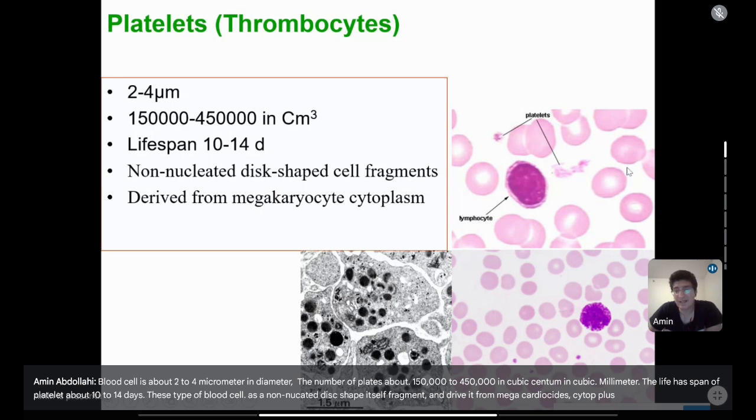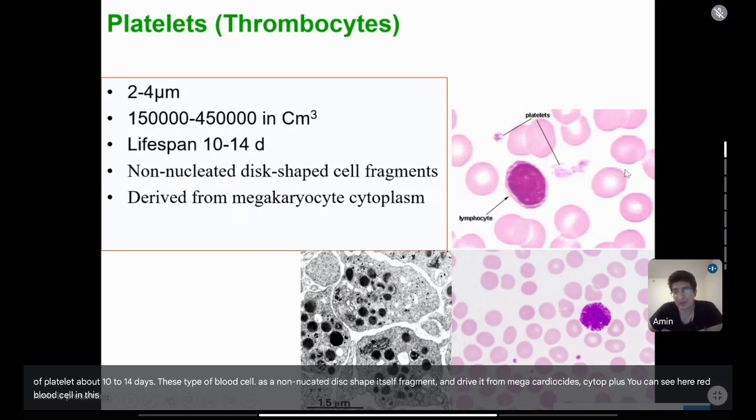You can see here red blood cell in this blood smear. Here, lymphocyte, here, platelet. This one is red blood cell, all of this. As you know, red blood cell doesn't have nucleus.